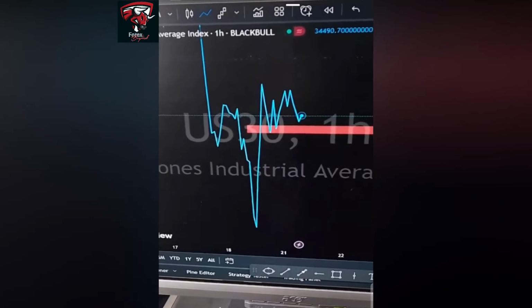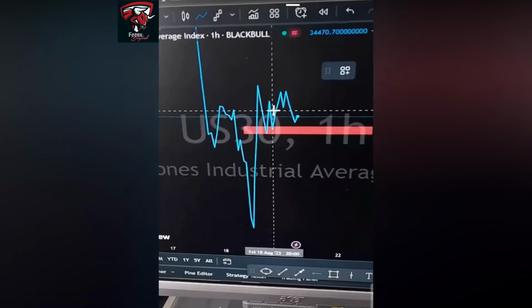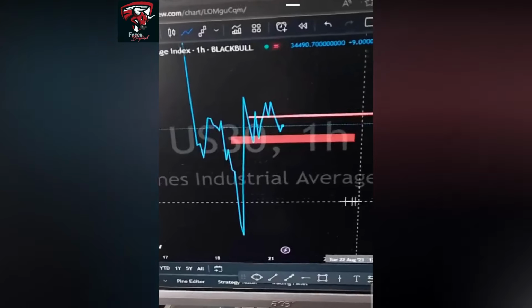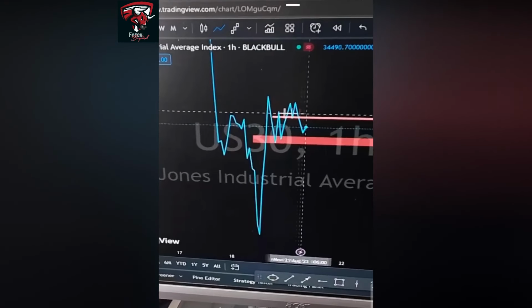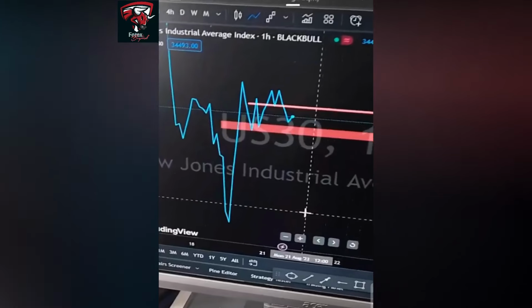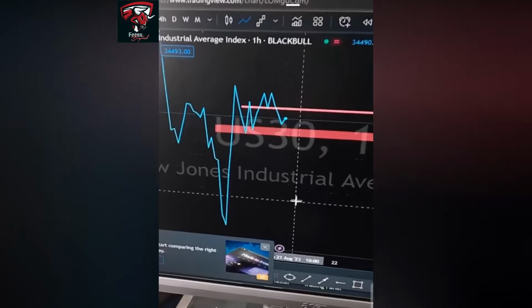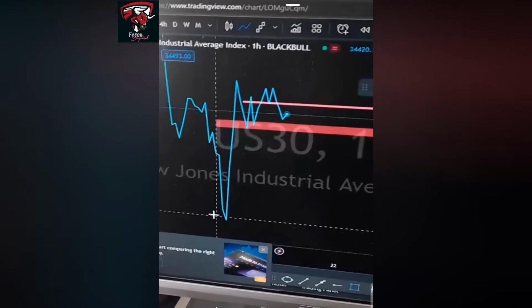This is a neckline. That's why we're saying that we are waiting for a reversal from this zone right here. There's a major resistance, there's a neckline zone right here, right? So we're saying that if the market reaches here, we want the market to reverse. But for us to be on the safe side, wait for the break of a support. Because if we break this support zone, then that's our signal right there.